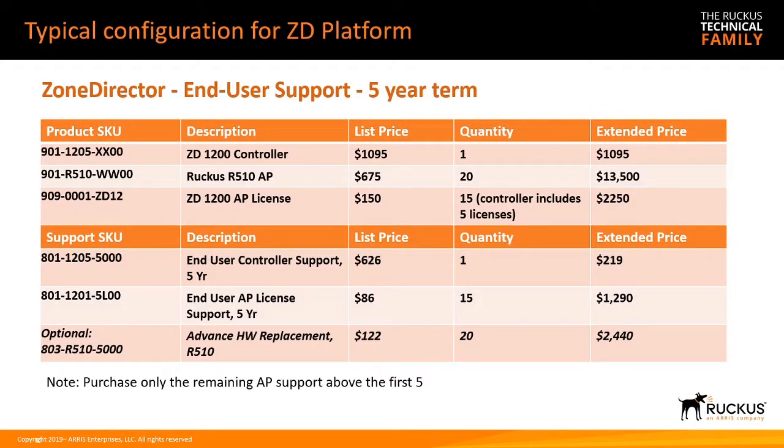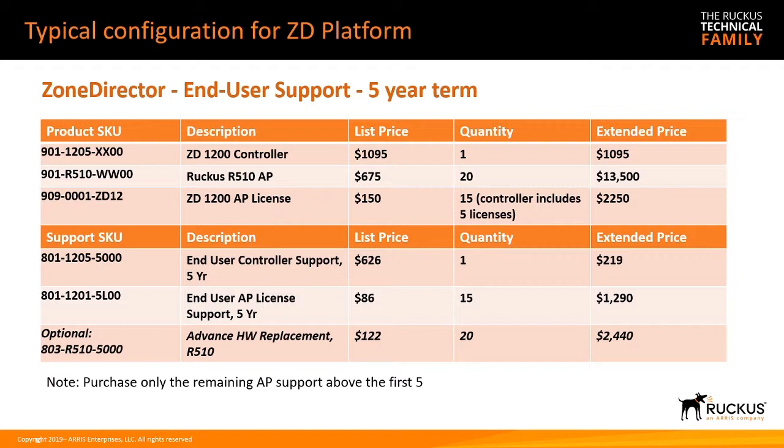Here's an example with a ZoneDirector with 20 APs and 5 years of support on that. We would buy the quantity 1 of the controller. We're going to buy 20 R510s in this case. Then we're going to buy 15 additional licenses, because the controller includes 5 licenses out of the box.